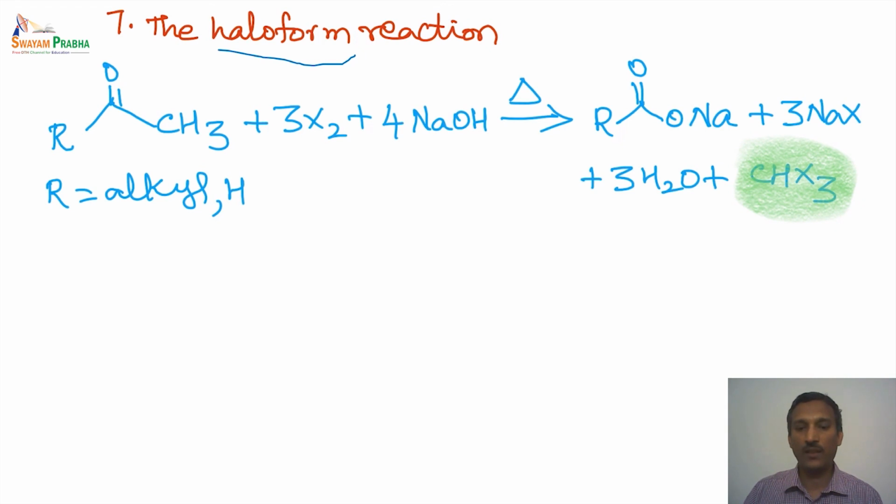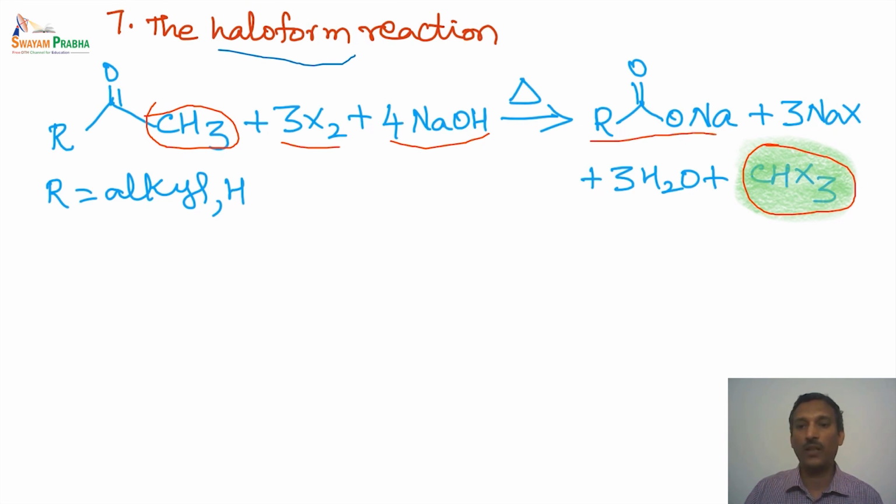So in this reaction, basically, a ketone with a methyl group. If R is an alkyl group, it is a ketone. If R is hydrogen, it is an aldehyde. So either acetaldehyde or methyl ketones, when reacted with a halogen in the presence of a base, preferably sodium hydroxide, and when you heat it, we end up with a haloform.